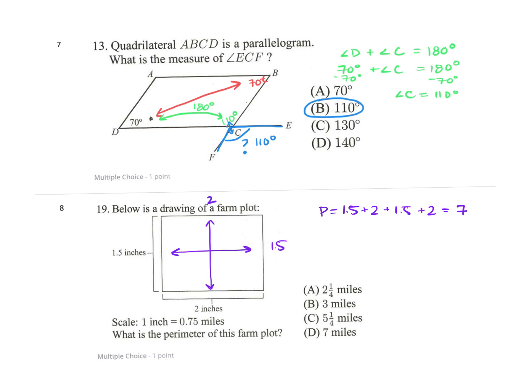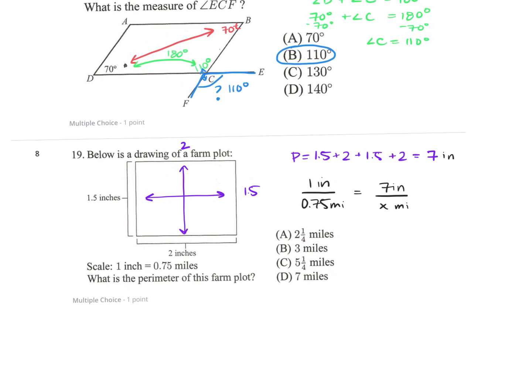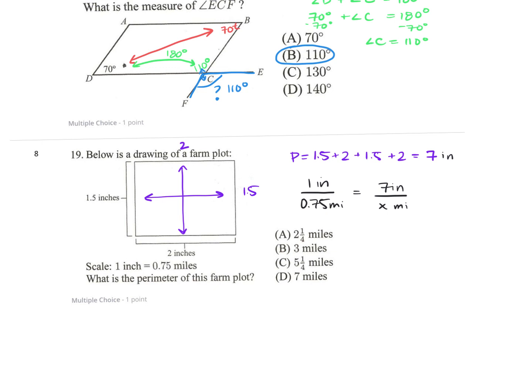Now I'm going to think about this scale like a proportion. 1 inch is equivalent to 0.75 miles. And my perimeter is 7 inches, and I want to know what is the equivalent in miles. I'm going to do some cross multiplying with the help of a calculator and solve for x.